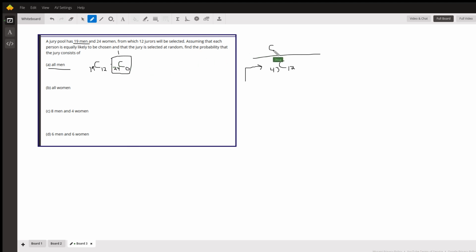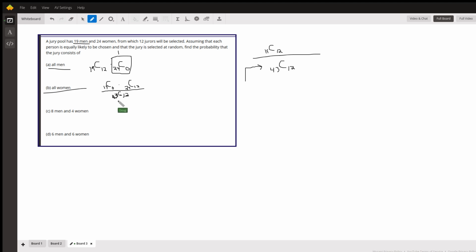So it's the combination of 19 things taken 12 at a time in the numerator. For all women, it will be the combination of 19 things taken 0 at a time times the combination of 24 things taken 12 at a time, all over combination of 43, 12.